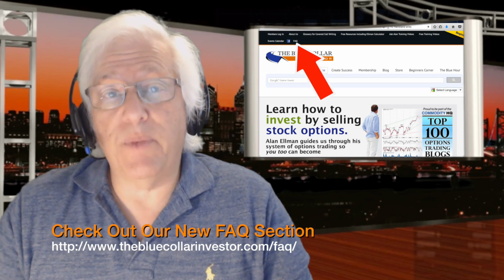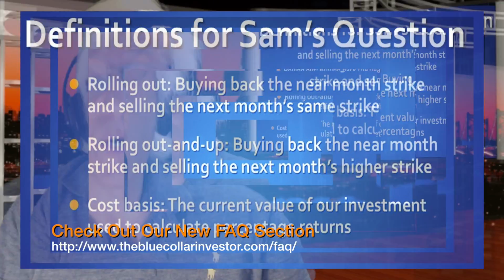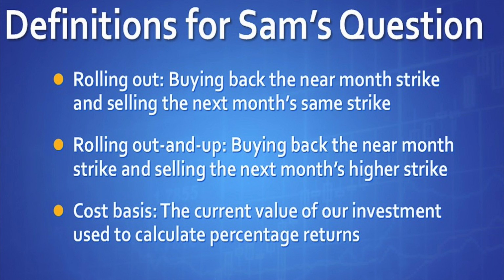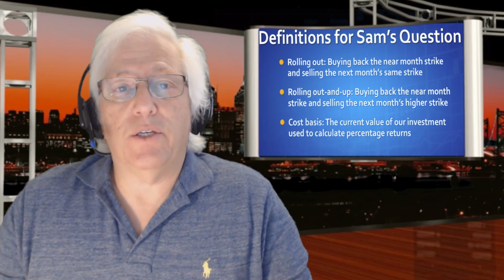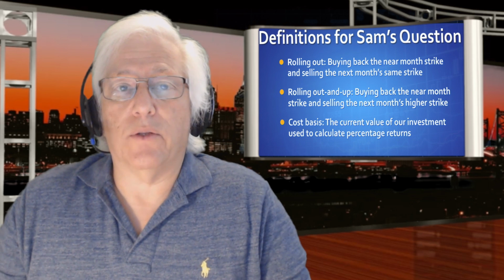First, we'll start with some definitions implicit in your question. Now, looking at the screenshot in front of you, let's first define rolling out. Rolling out is when we buy back the near month strike and sell the next month's same strike. As an example, buy back the July 50 call and sell the August 50 call.